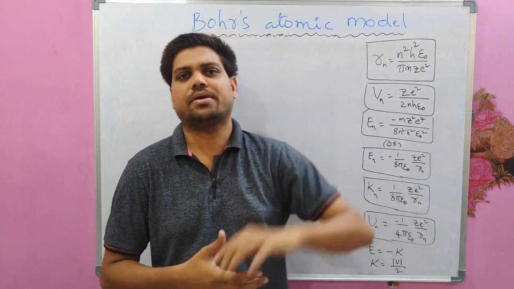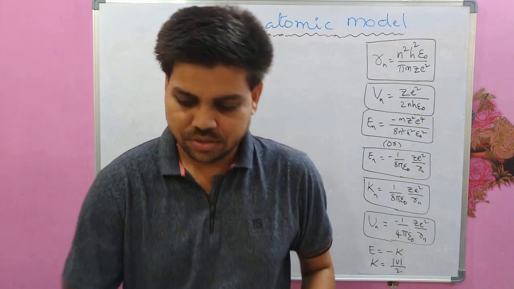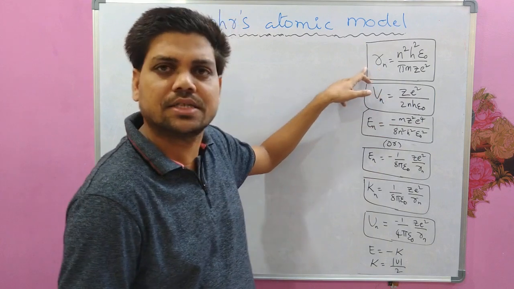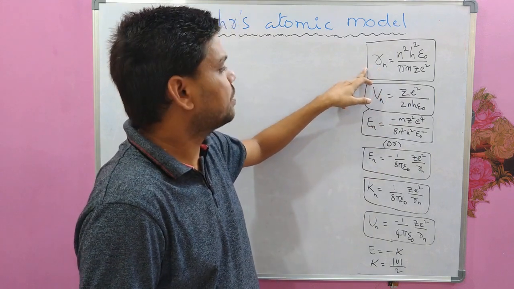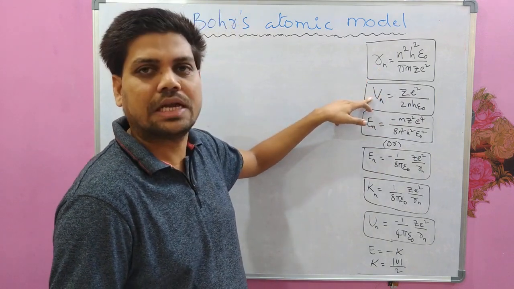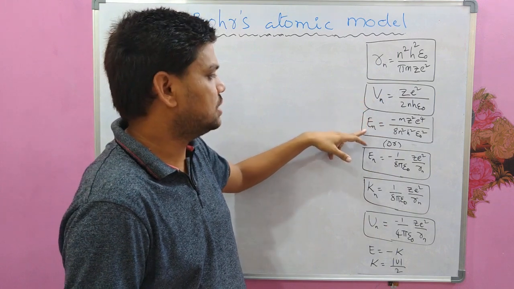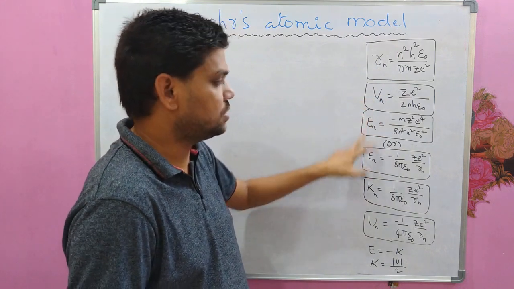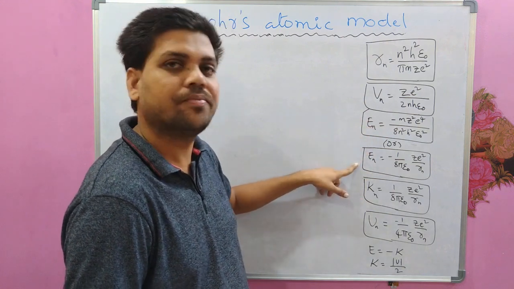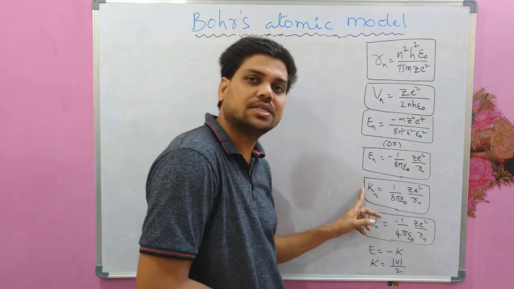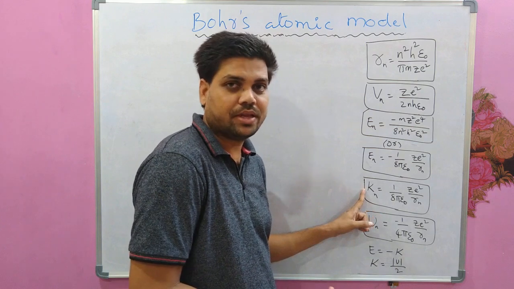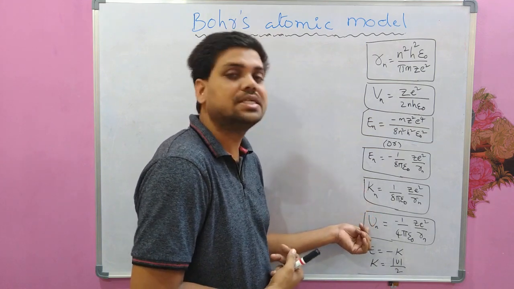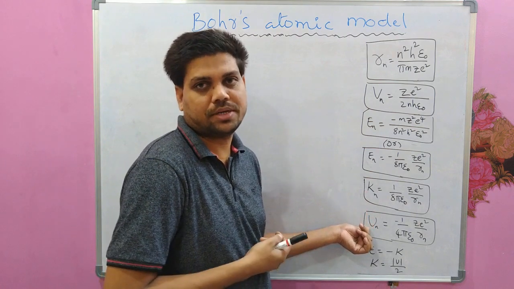Again, Bohr atomic model. If you observe these equations, this is for the radius of the orbit, this is the velocity of the electron in the orbit, and this is the total energy of the electron in the orbit in two forms. This is the kinetic energy of the moving electron in the orbit, and this is the potential energy of the electron in the orbit.